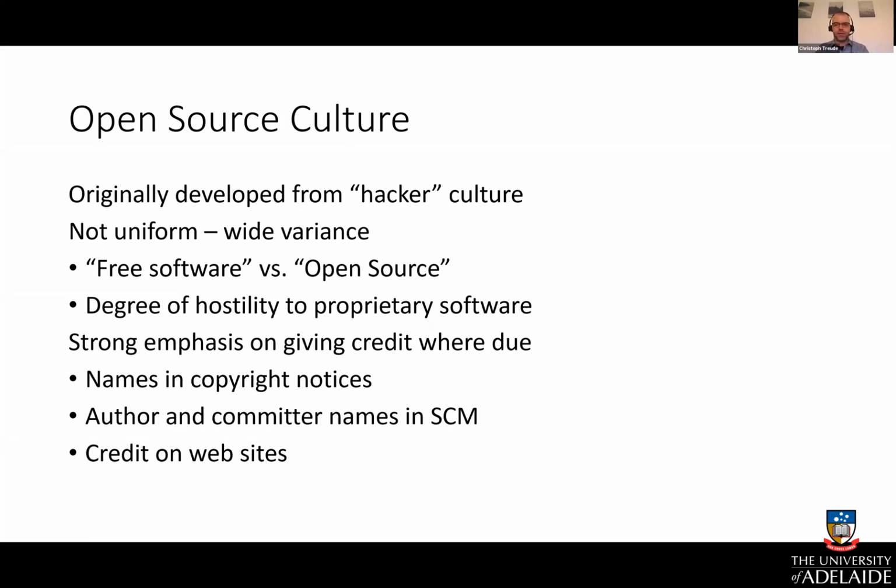The open source culture also has a strong emphasis on giving credit where credit is due. Just because of the way that the contributions are done, especially now with GitHub, it's always possible to link every contribution, every line of source code really, to the particular person who has made that contribution. But most open source projects go even a bit further, and at the bottom of their README file, they will have a list of the names of people who have made useful contributions to the project.